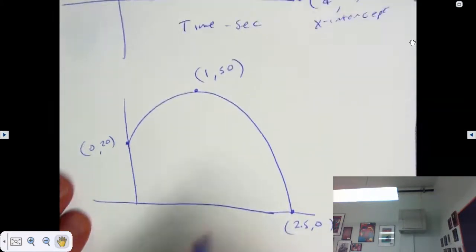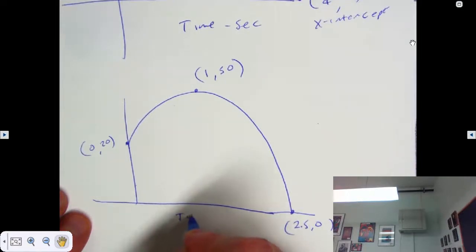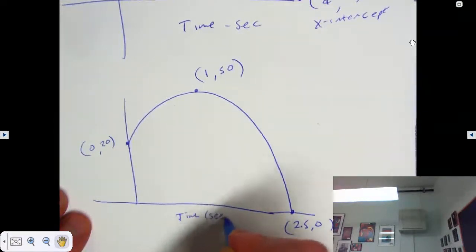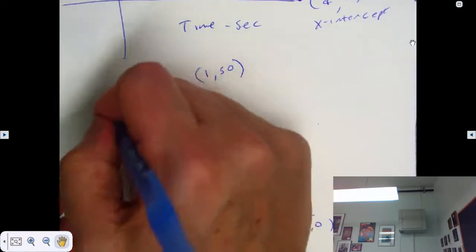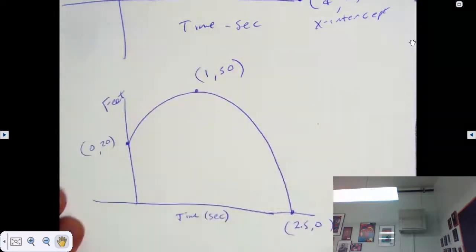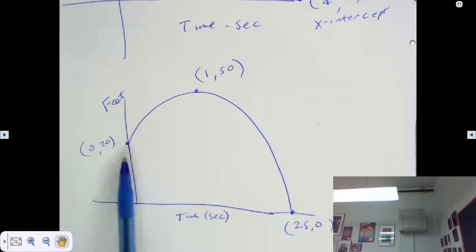And this is a projectile motion where this is time in seconds, or it doesn't have to be seconds, it could be hours or minutes or days, but things don't usually stay in the air that long. And then the y-axis is in feet. So in this story, I would say that an object is thrown or hit from 20 feet above the ground.